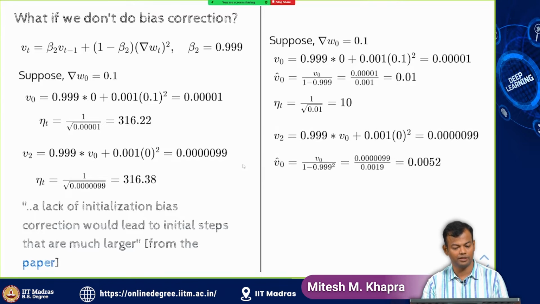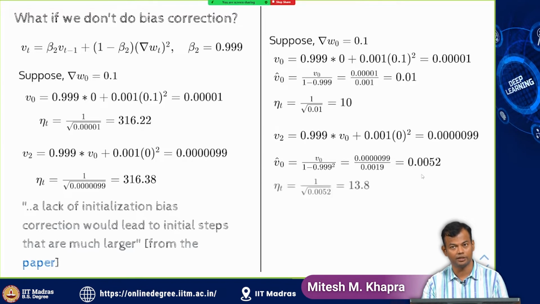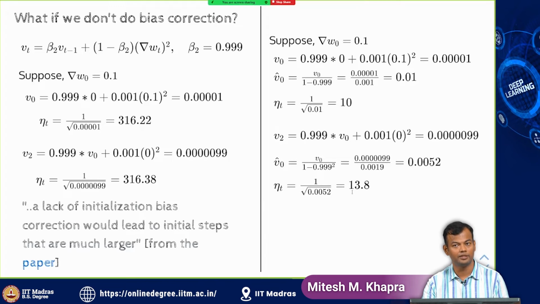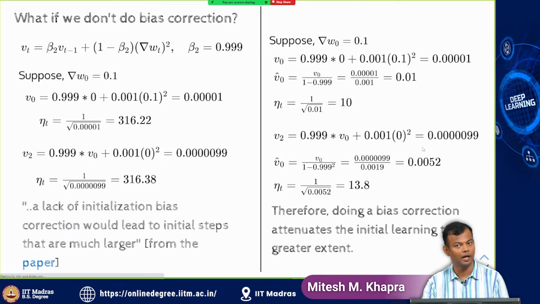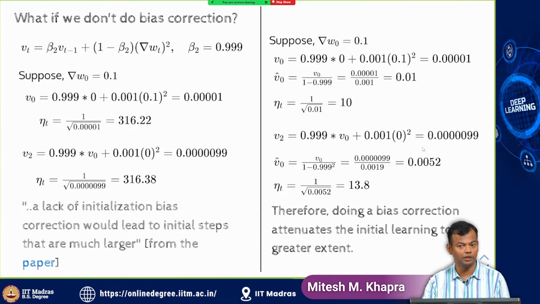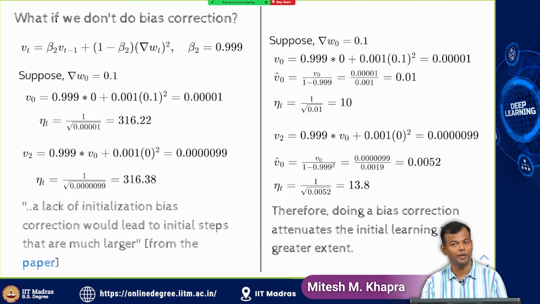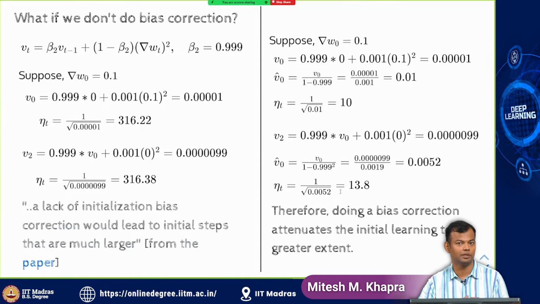Similarly, V2 gives me a certain value. If I bias correct it, I get a certain value, and now my learning rate is 13.8 as opposed to 316 here. So when I'm doing bias correction, my initial learning rates are not becoming very high. That's why you need bias correction, to make sure that initially you're not doing some very rapid movements, because that could be faulty.